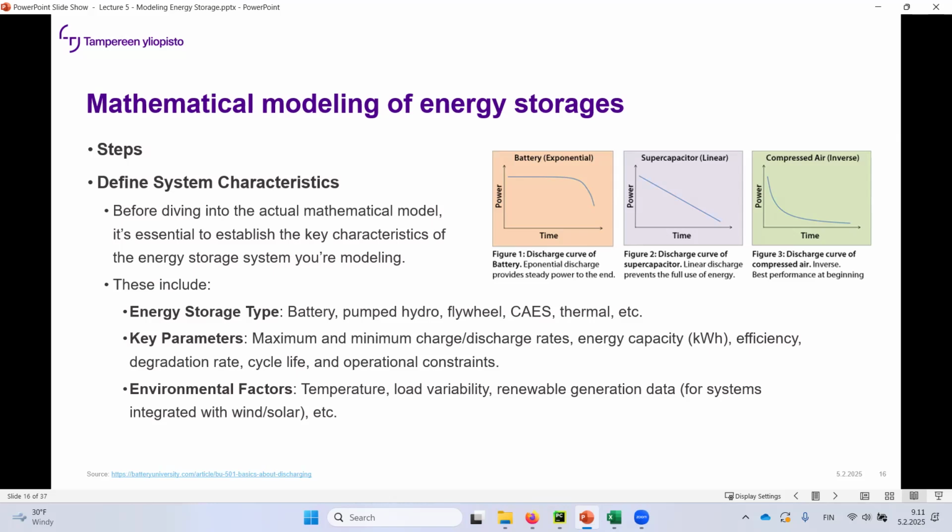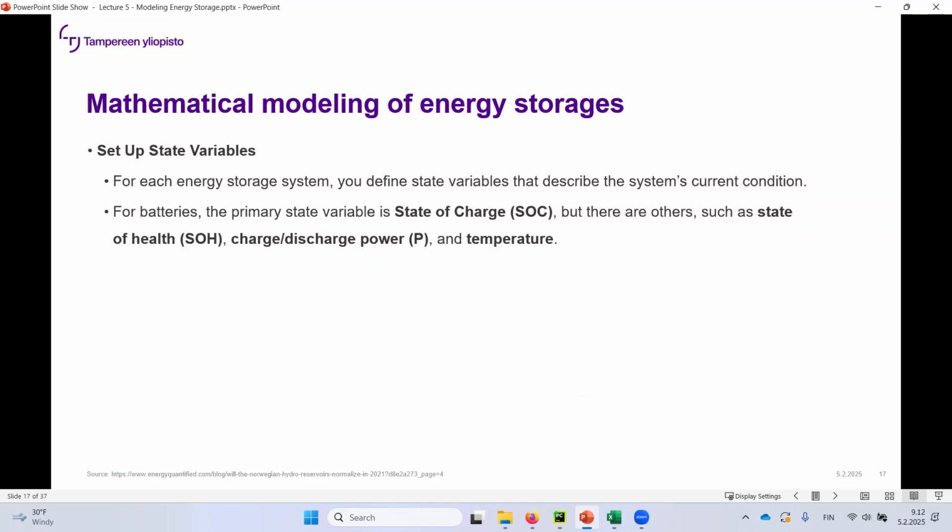With batteries, if you have this certain depth of discharge, you can get a really nice stable profile of power out of there. And with gas, it starts to exponentially decrease when you decrease the pressure of the system. So those are the things that you have to take into account.